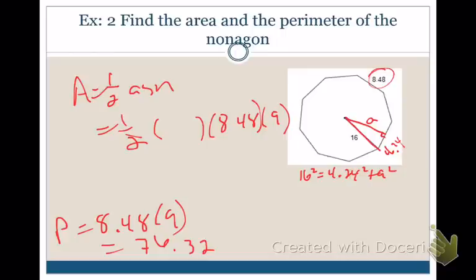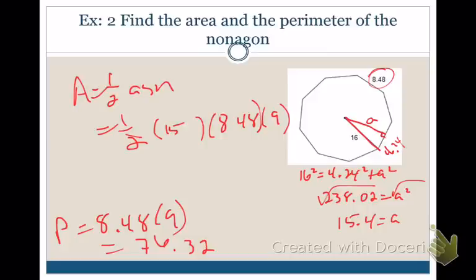Right? So we take 16 squared and subtract 4.24 squared, and we get 238.02 equals the apothem squared. So now we got to square root both sides and find that the apothem is 15.4.